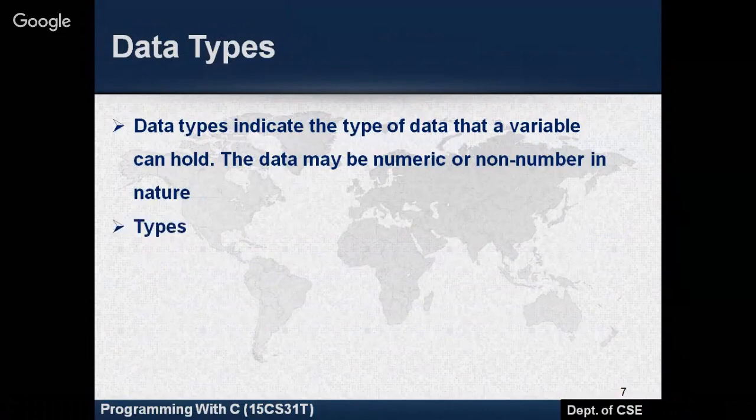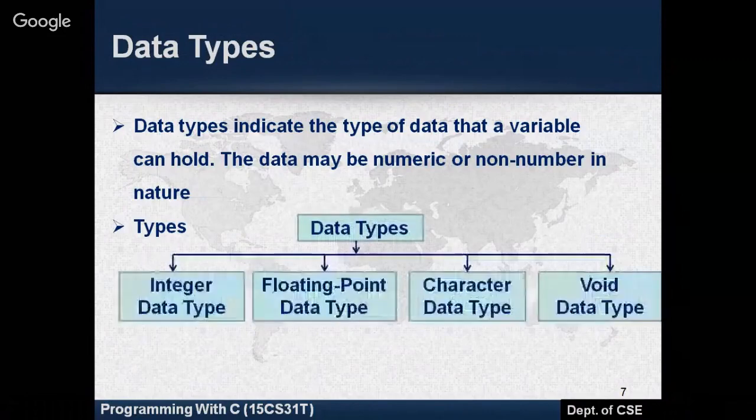C supports many data types. These are the data types available in C. The first is the integer data type. The second is the floating point data type. The third is the char data type, and the fourth is the void data type.